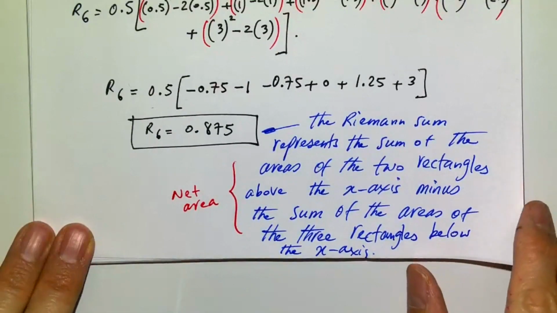The other thing that this book talks about in this section is the midpoint rule. So we should say something about that as well.